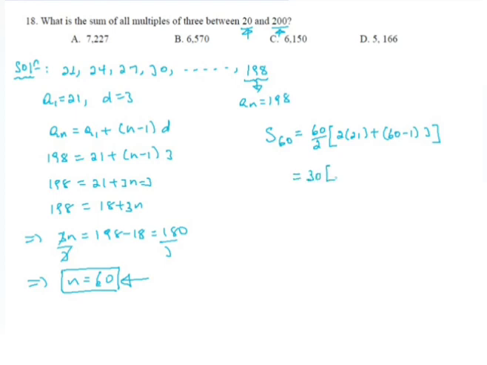So this becomes 30 times 42 plus 59 times 3, which is 177. So this becomes 30 times 219. The product of these two becomes 6,570. Okay, so the sum of all multiples of 3 between 20 and 200 will be 6,570.